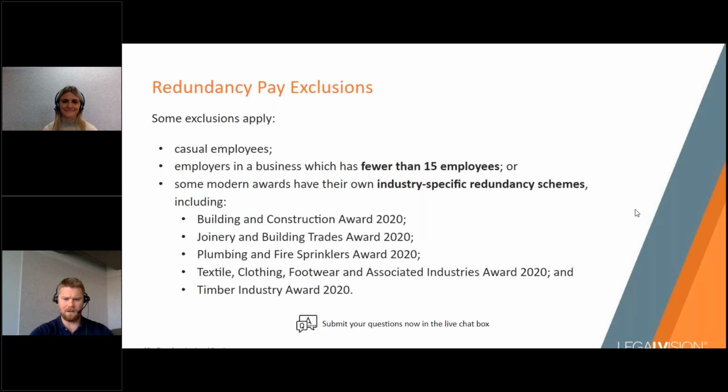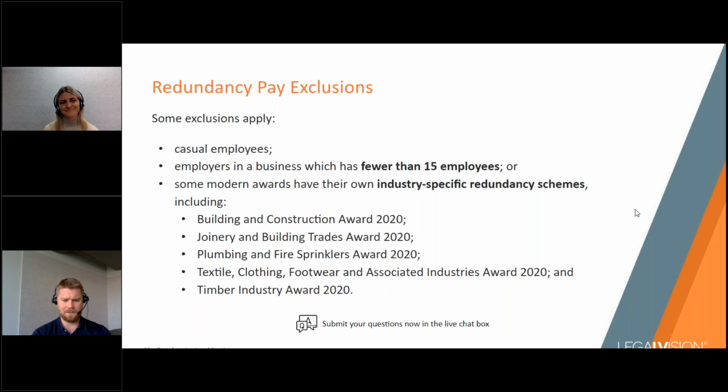And then the only final thing to note, I suppose, is that some modern awards like to complicate things for everyone, and they have their own specific industry-based redundancy schemes, and there'll be a separate entitlement to that table which we've shown, and those are the awards set out on the slide there.